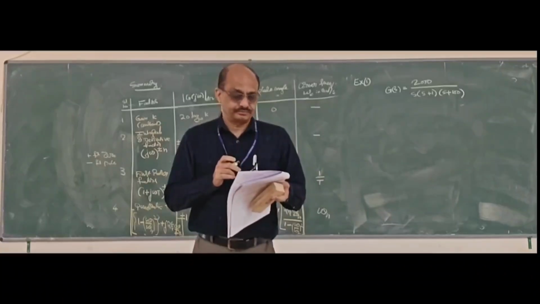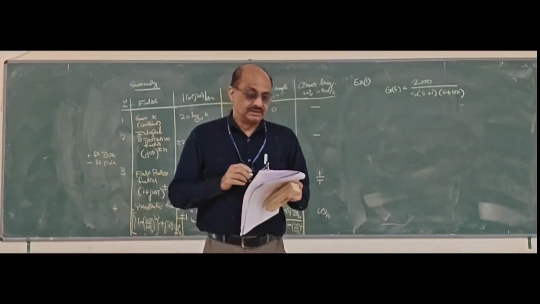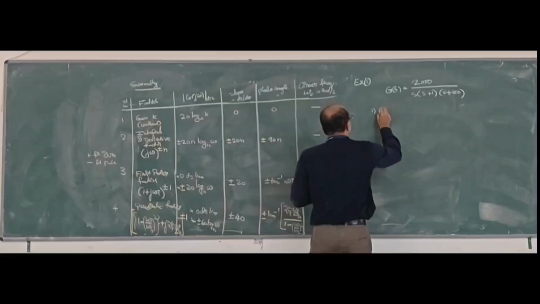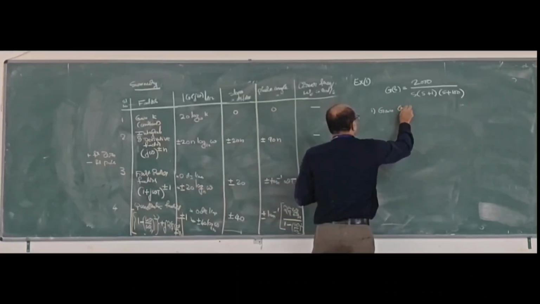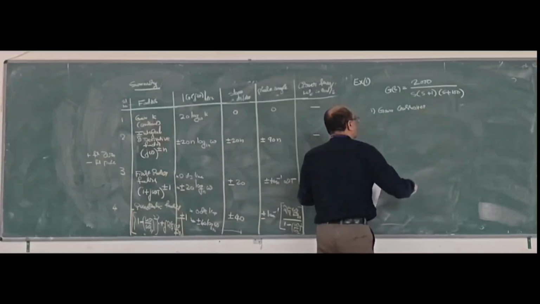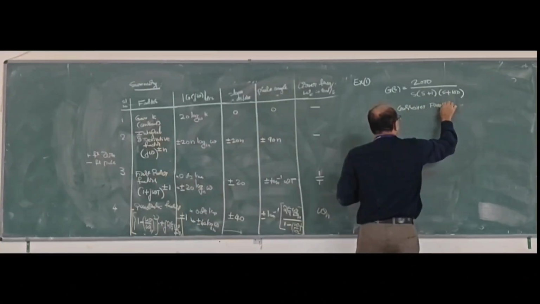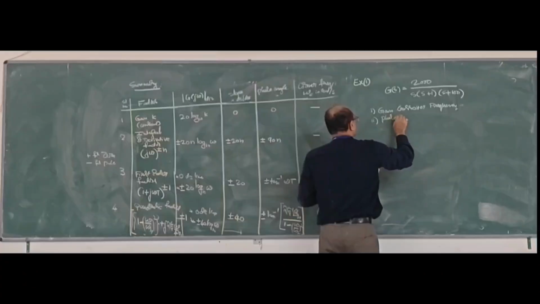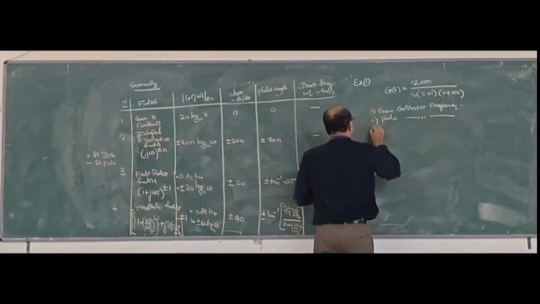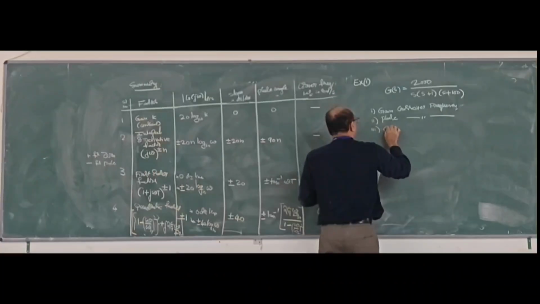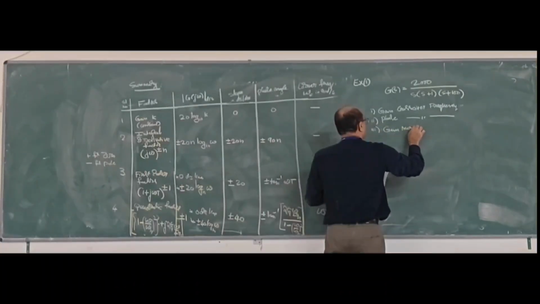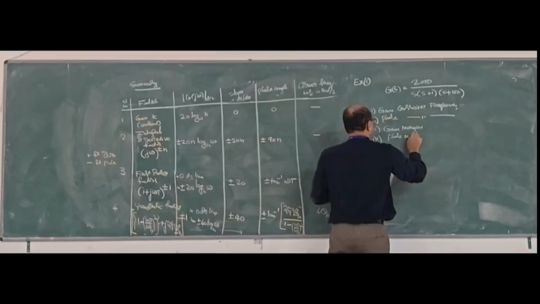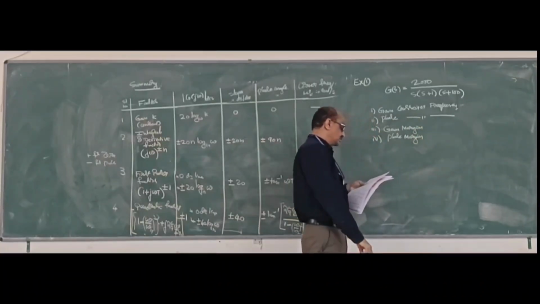From the Bode plots, determine: one, gain crossover frequency; two, phase crossover frequency; three, gain margin; four, phase margin.